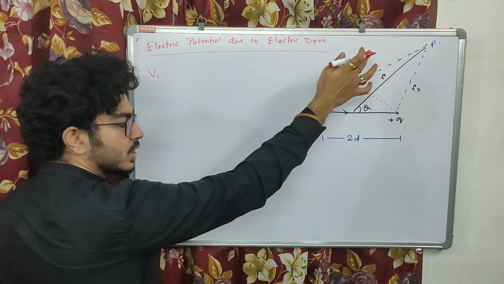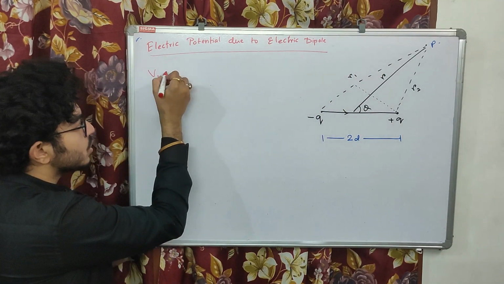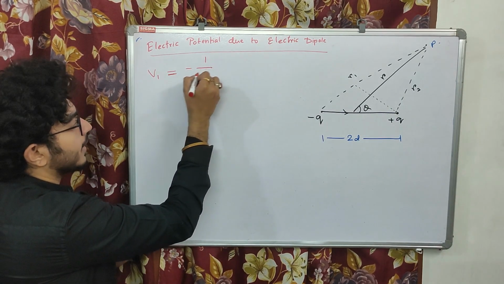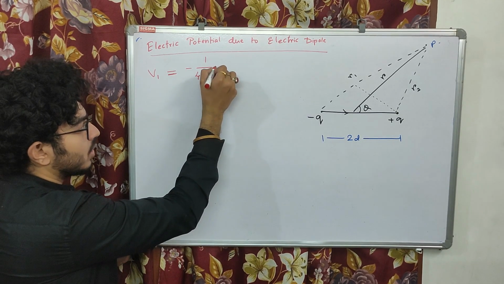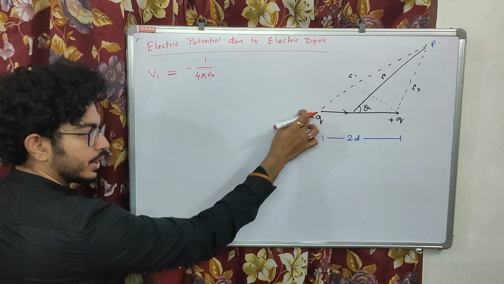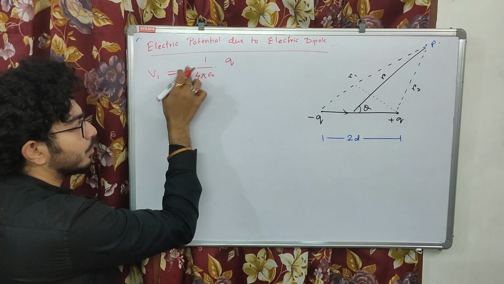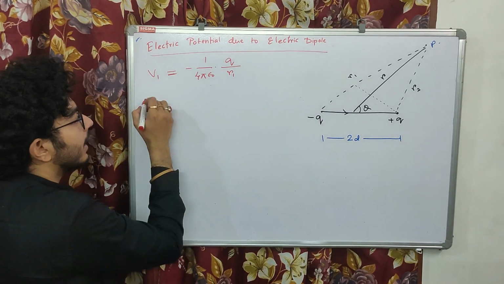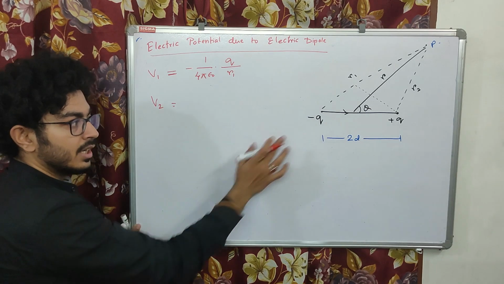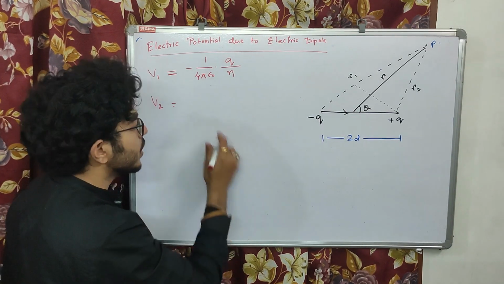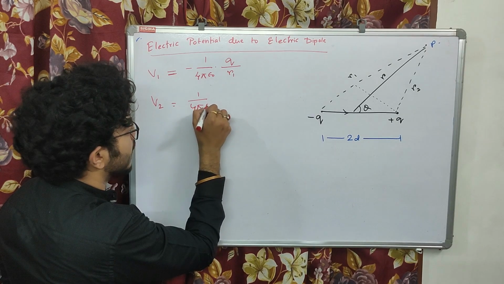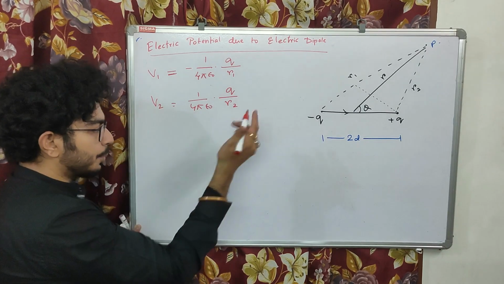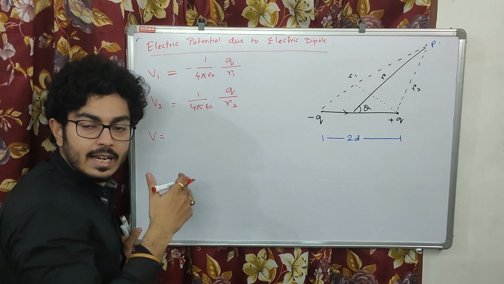So due to this negative charge, the electric potential will be minus 1 by 4 pi epsilon naught, q by r1, where this distance is taken as r1. And V2 is the potential due to the positive charge, so this will be 1 by 4 pi epsilon naught q by r2. So total potential, as it is a scalar quantity, can be added.